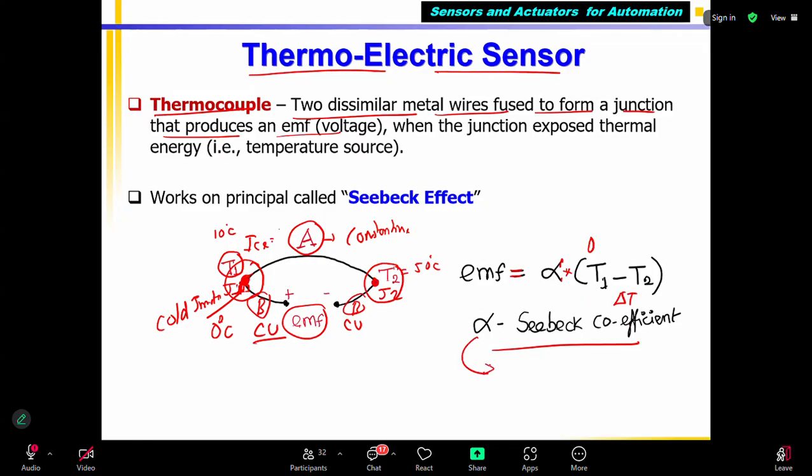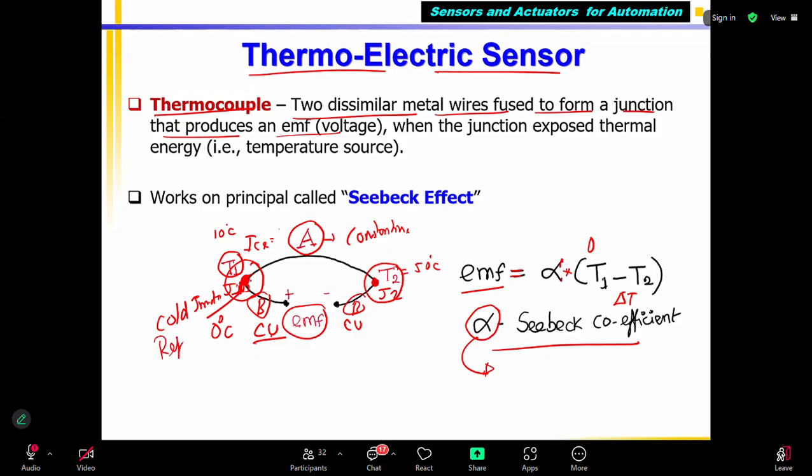The Seebeck coefficient depends upon the wire material, whether I am using copper and constantan. There are different thermocouple pairs; in the next slide I am going to cover that. Depending on the pair, the Seebeck coefficient varies, and if you know it, I can calculate the temperature. One temperature is maintained constant; this is called the cold junction or reference junction.